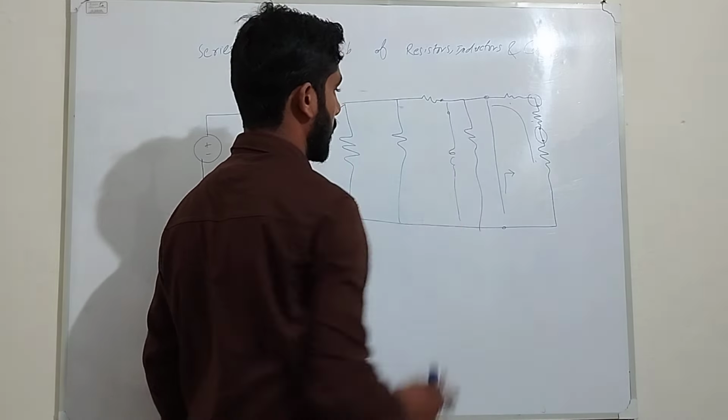So I can rename it R123. R123 will be equal to R1 plus R2 plus R3. It is my one resistor, the series combination of three resistors, so I will have only one resistor at this terminal.